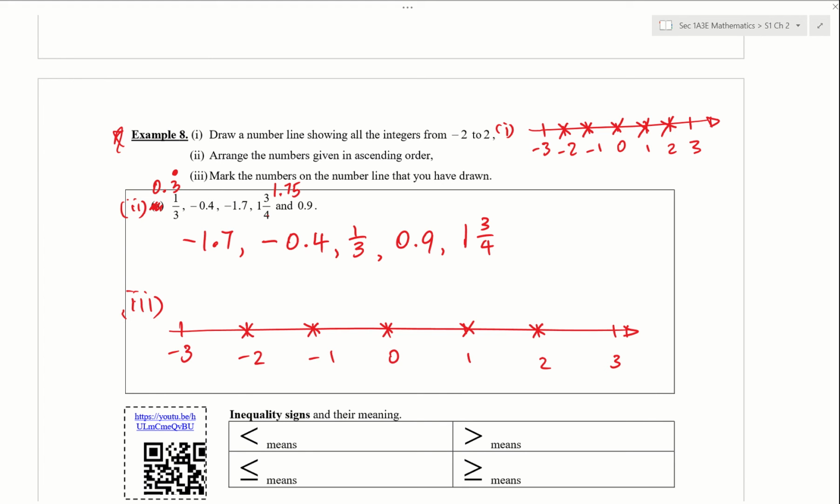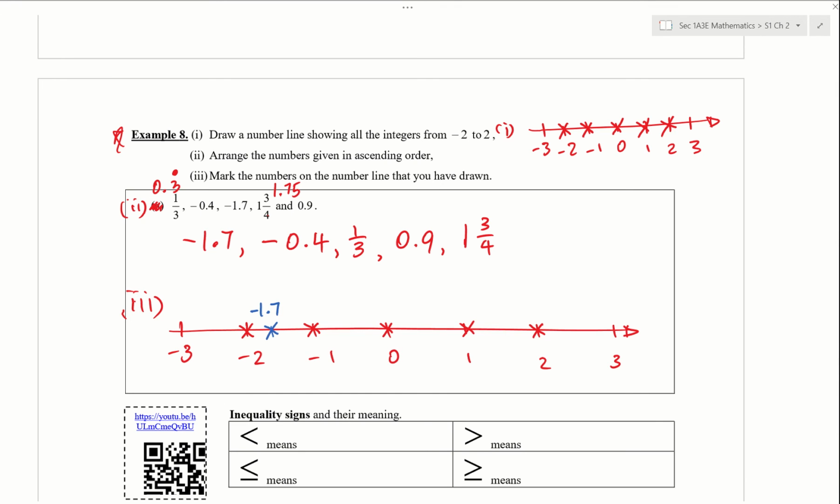So when you mark it out with a line, or with a cross, make sure it is closer to negative 2. But you don't have to use a ruler and divide it into 10 parts. So here we have negative 1.7. If you find that you do not have enough space, then write on top, negative 1.7. Okay? So that is done.